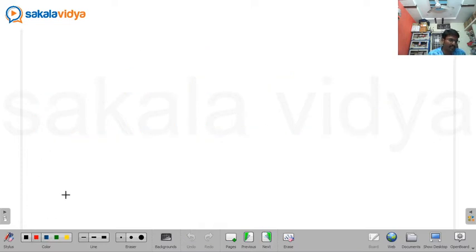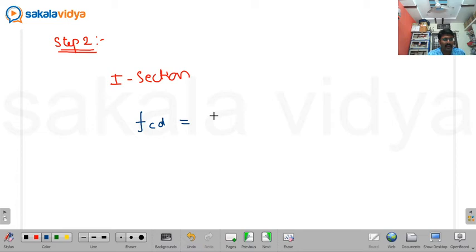Now our second step, step number 2. We have to assume some values that we have discussed in the previous case. For a single I section, we can assume the value of FCD from 100 to 135 Newton per mm square.